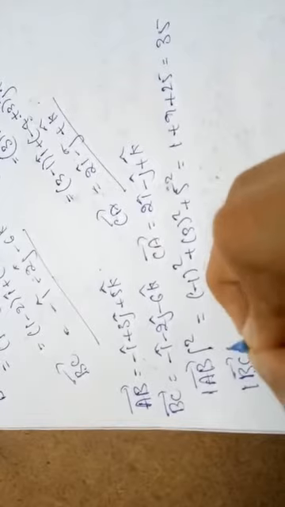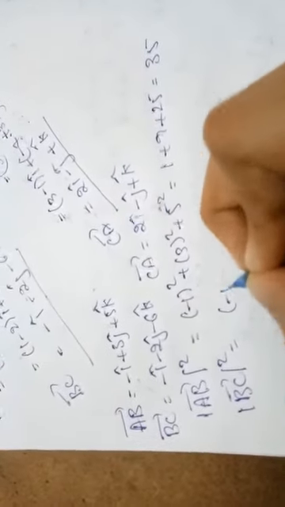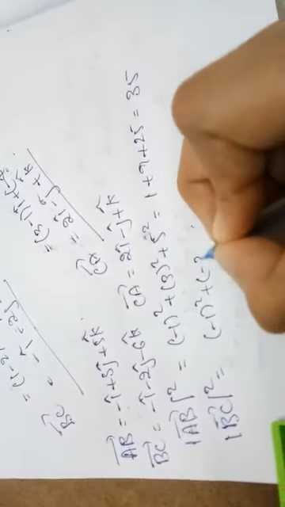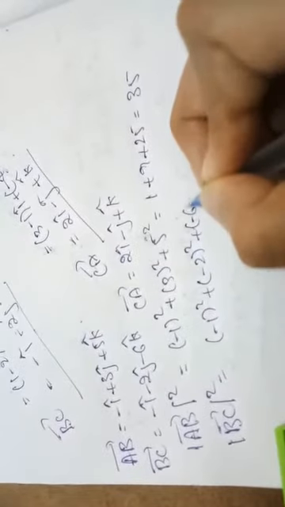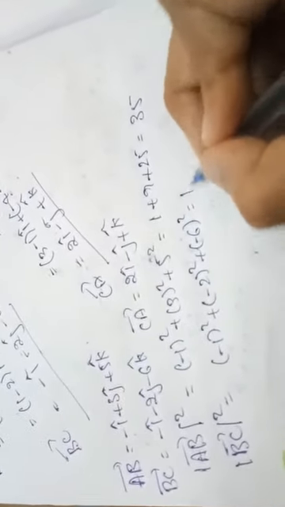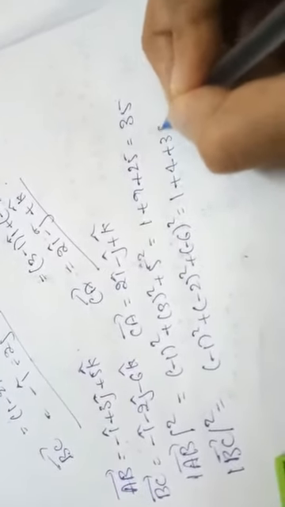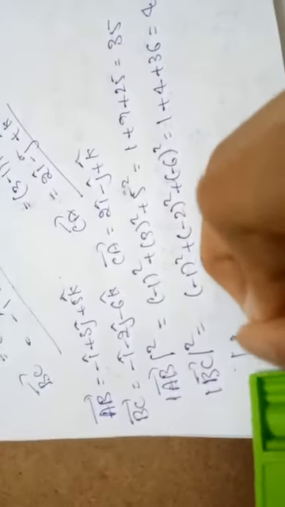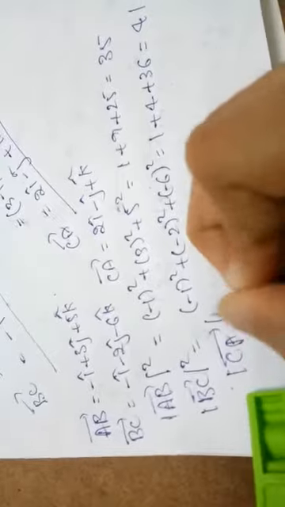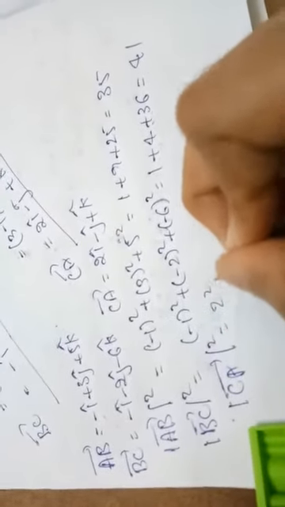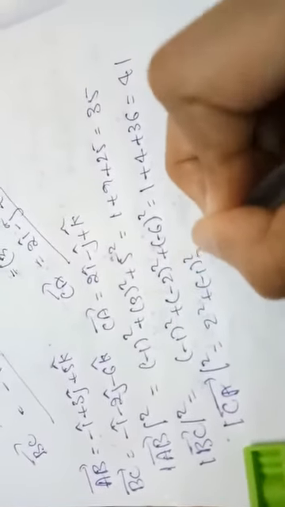Similarly, magnitude of vector BC square, it is nothing but minus 1 square plus minus 2 square plus minus 6 square. It is nothing but 1 plus 4 plus 36. It is nothing but 41. Similarly, vector CA square, it is nothing but 2 square plus minus 1 square plus 1 square. It is 4 plus 1 plus 1, which is equal to 6.